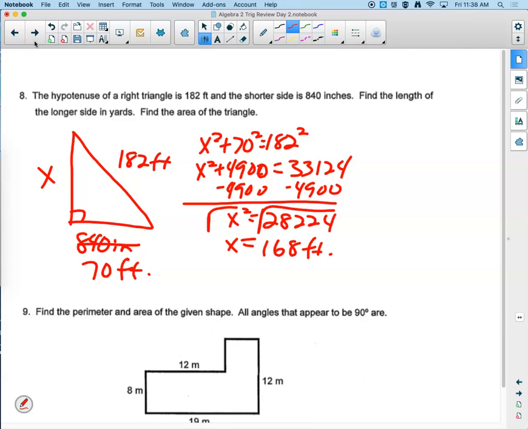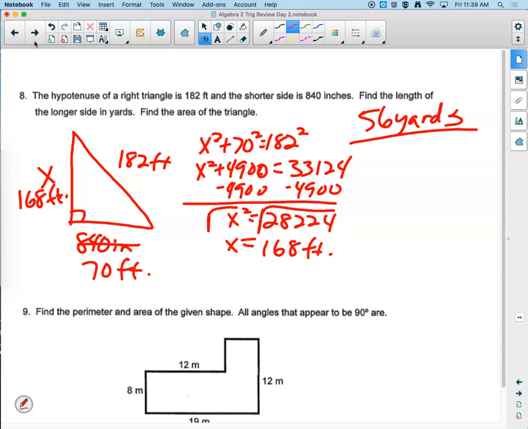But that's 168 feet. And they didn't want that answer in feet. They wanted it in yards. So what do we do with that? Yes, this one's a lot about just labels. 56 yards. And we're not done. Because it also said find the area of the triangle.